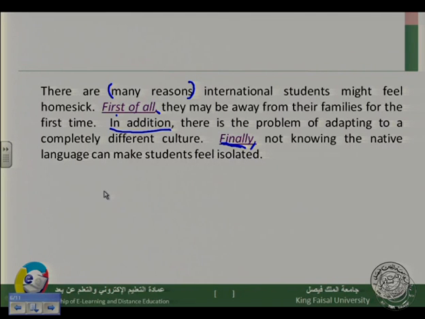So these are the 3 points. So instead of saying 1, 2, and 3, you said, first of all, in addition, and finally. In that way, your paragraph comes to life, and you avoid boring the reader.